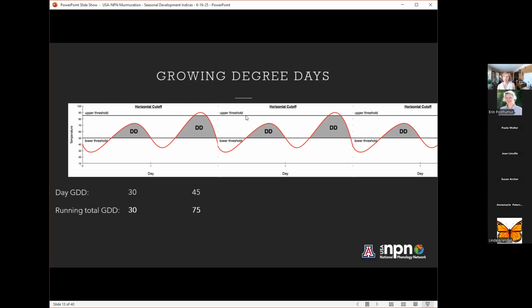Then we go to the next day and we had more warmth. That curve is bigger. Sorry, ignore the fact that we're above the upper threshold here because that's not helpful. But I estimated we achieved 45 growing degree days in this day. And so from an organism's perspective, we've now been exposed to a total of 75 growing degree day units, because we had 30 from yesterday and then another 45 today.